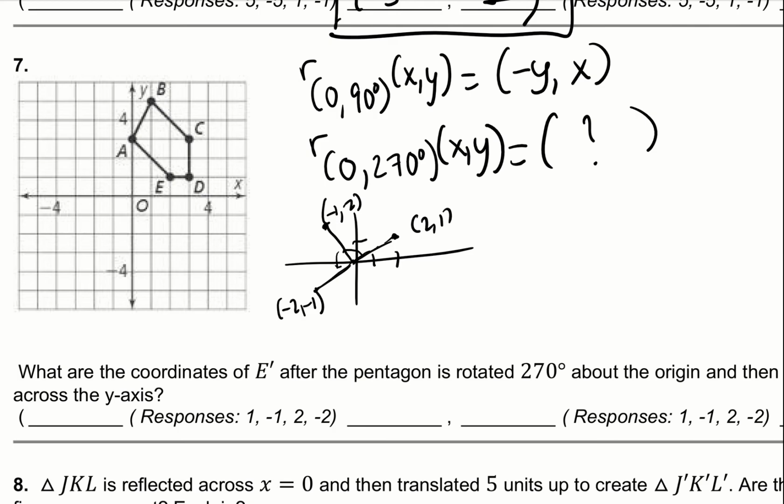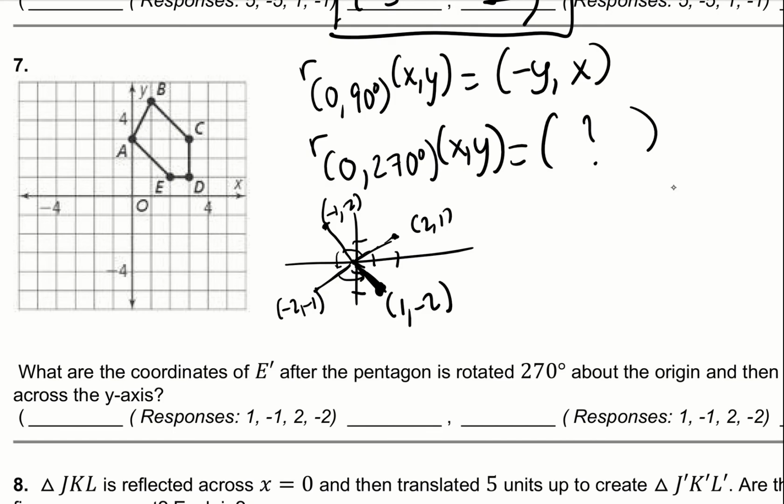And then that's 180 degrees. Now we're going to go 270, right? So 270 is going to be going over here. In this case, you'll be over here. And if you notice, these coordinates are going to be 1, -2.